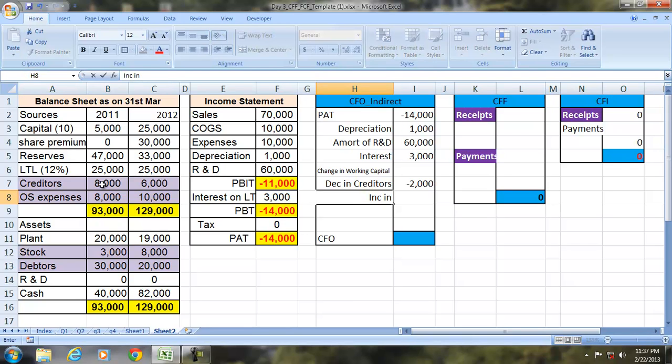Increase in the outstanding expenses means we have not paid money towards the expenses, so expenses to the extent of 2,000 remain outstanding. The stock has increased, so an increase in stock means we have purchased the stock and not used it in the current period, so it will be considered an outflow of cash.